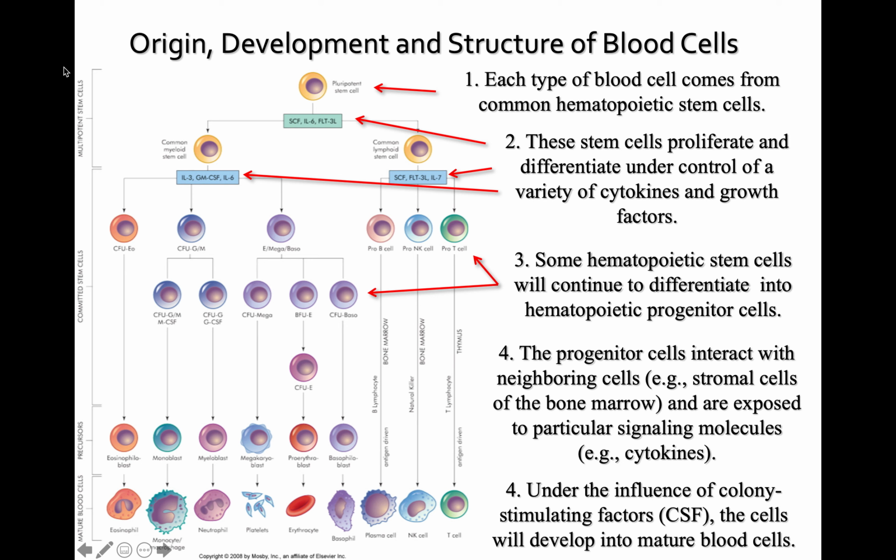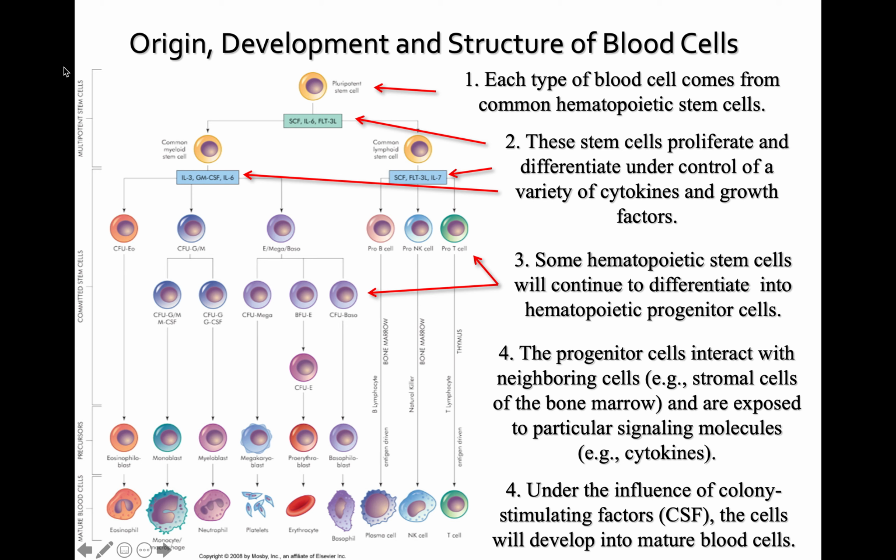And here is a picture that kind of lets you know each type of blood cell comes from common hematopoietic stem cells. And when the stem cells proliferate, they differentiate under the control of a variety of cytokines and growth factors. And remember, a long time ago, we talked about cytokines, and they are communicators. They direct a lot of traffic.